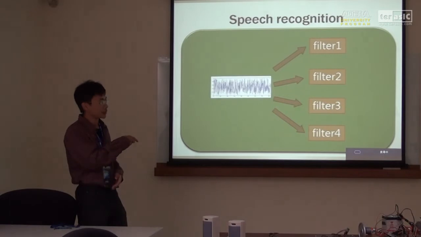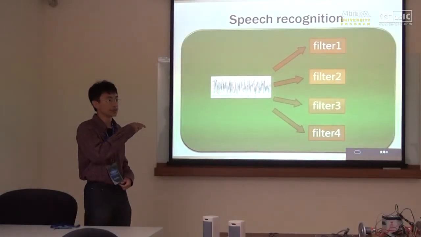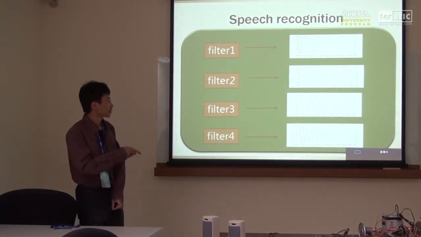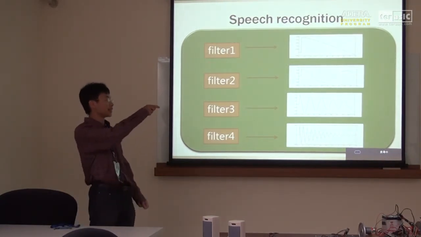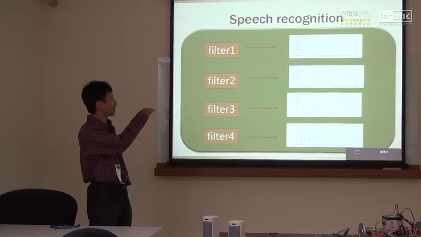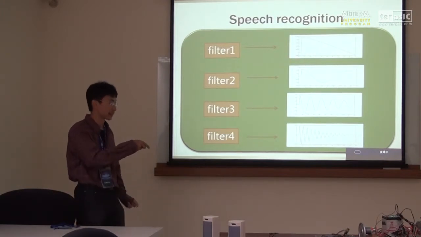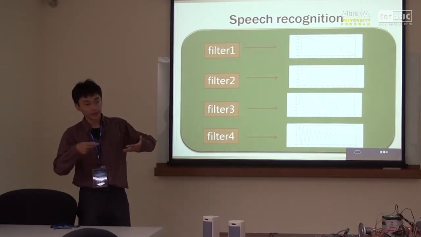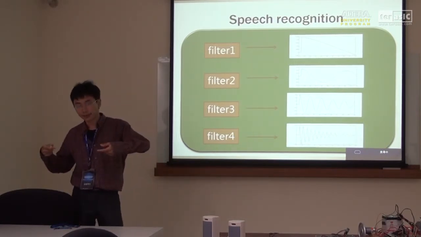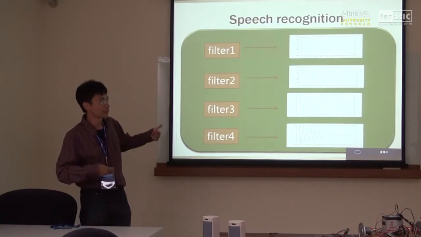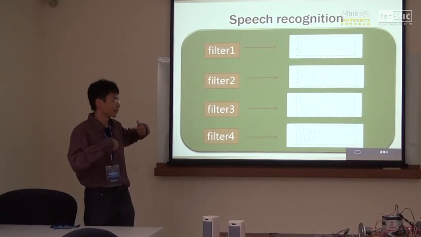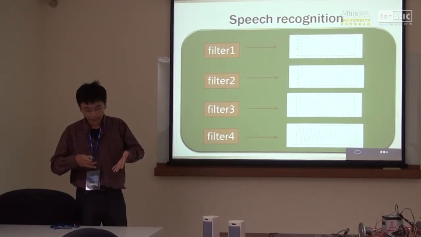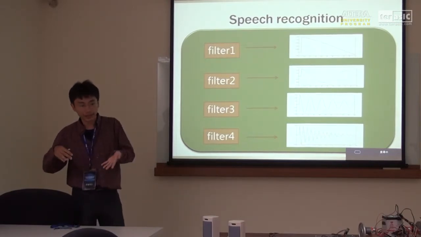So we send this signal to different filters, such as a low pass filter, some band pass filters and a high pass filter. Because one voice contains different frequency parts, we hope to recognize it from different frequencies. The different frequency parts have different amplitudes.